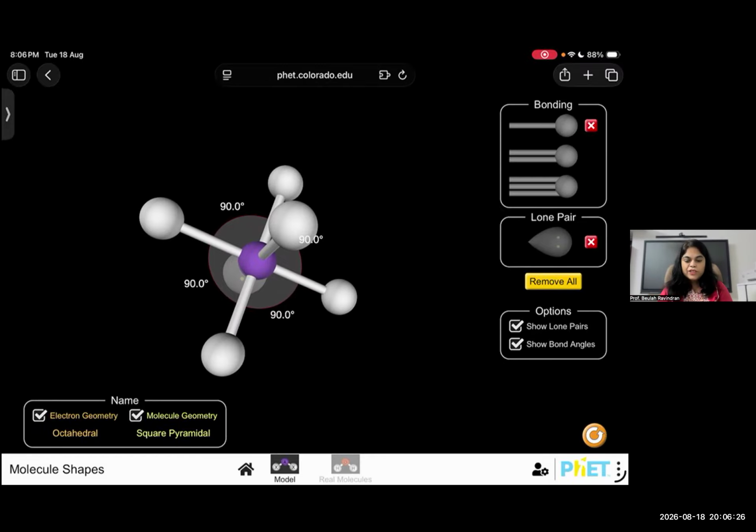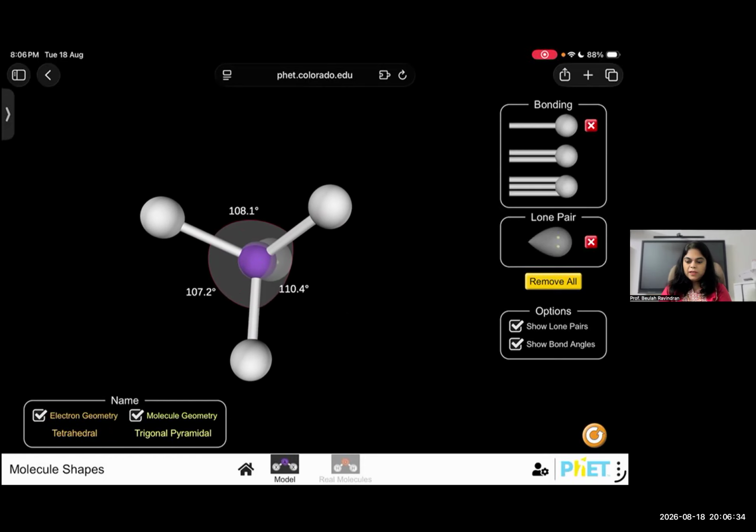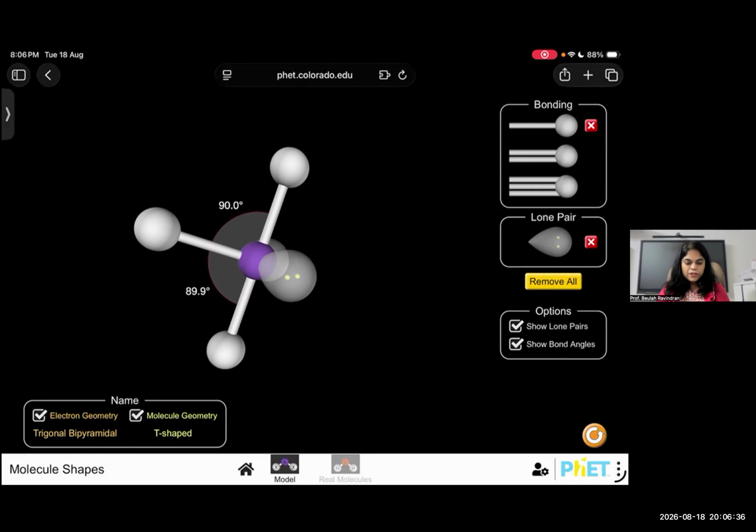Similarly, we can say for T-shaped. Before that we saw T-shaped is AB3E2. That is T-shaped. For example, ClF3.